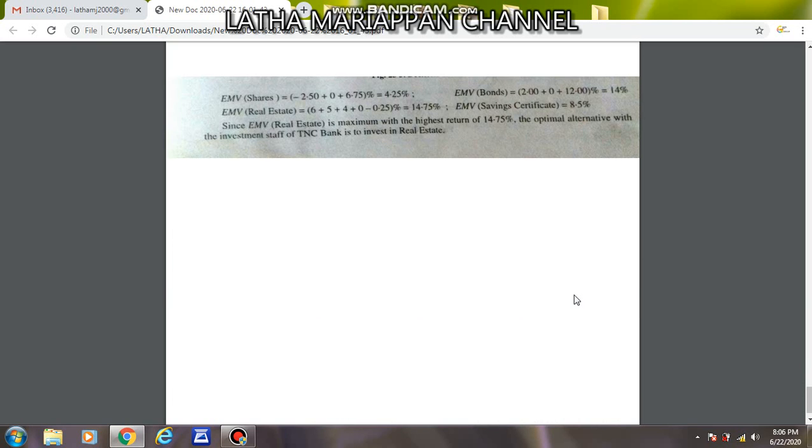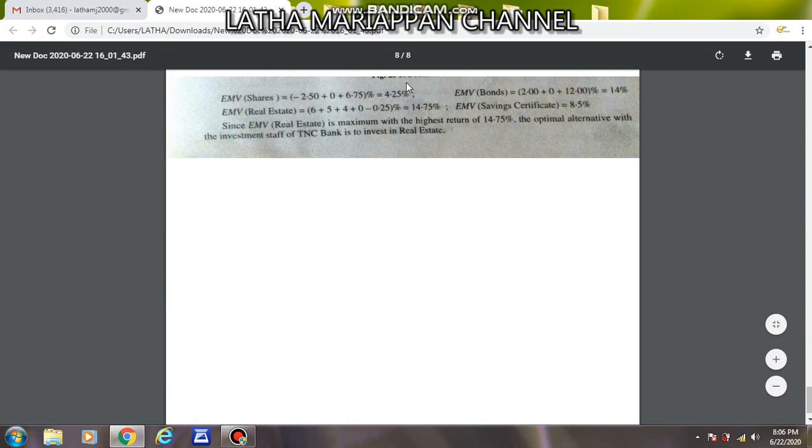Now you have to write the interpretation. The first value we got is 4.25 percentage, isn't it? The second value for bond is 14 percentage, the third value for real estate is 14.75 percentage, and the saving certificate is 8.5 percentage.